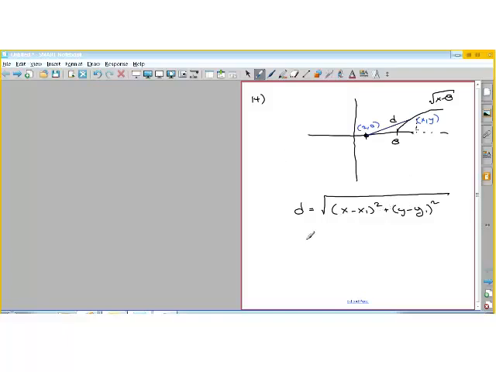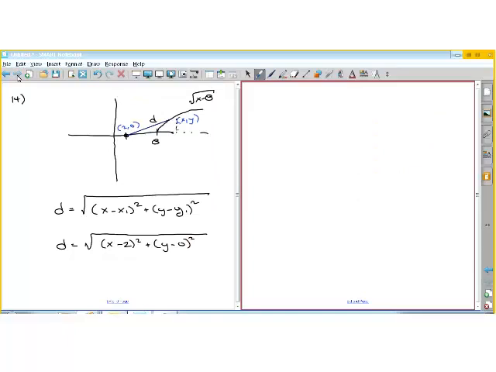Well, before we do that, though, we will put in x1 and y1. So x1 is 2, and y1 is 0. Okay, so that's a primary equation.